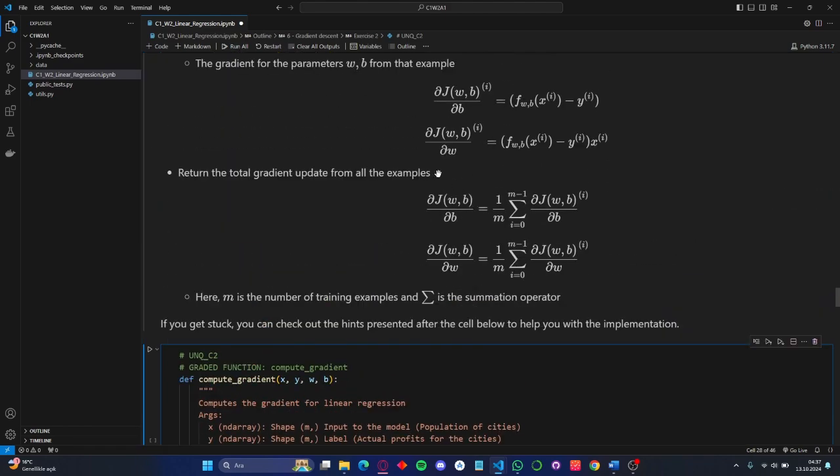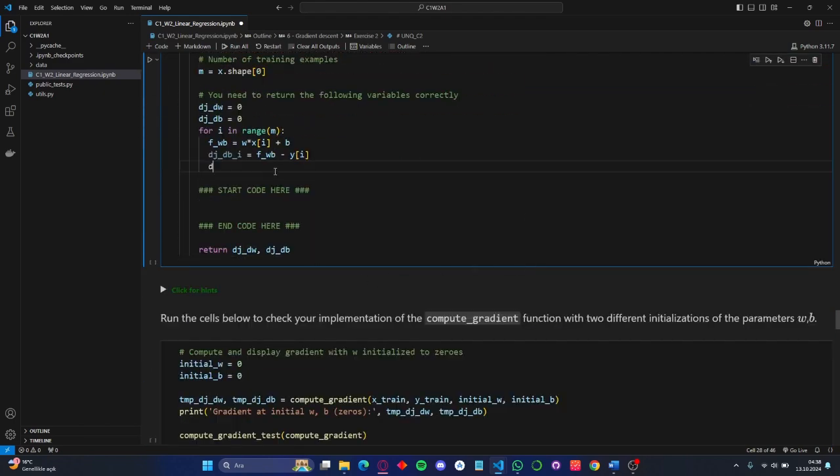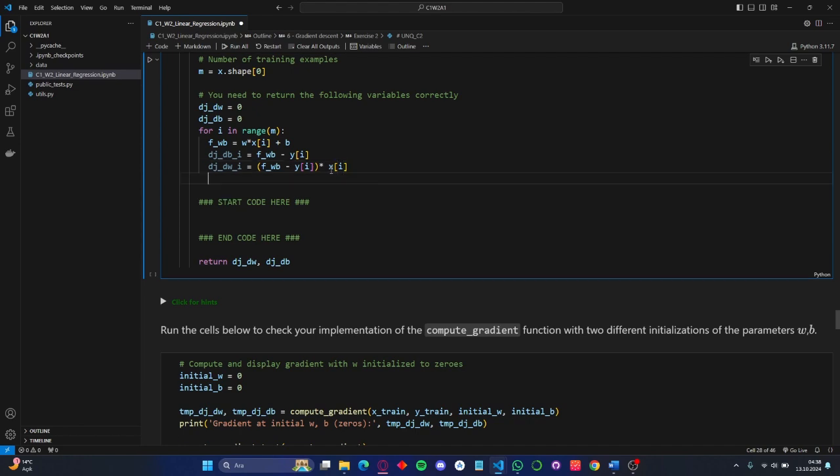And I will look at the w parameter. This is the function minus y times the x feature. I will write it like this. The x feature, yes, like this. And after that, for each iteration in the for loop, I have to compute these parameters.